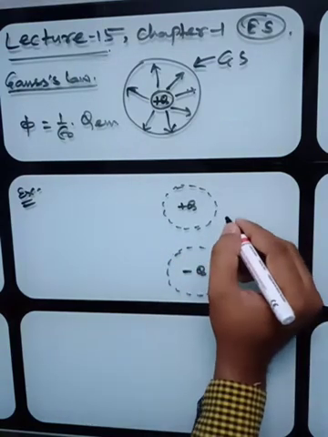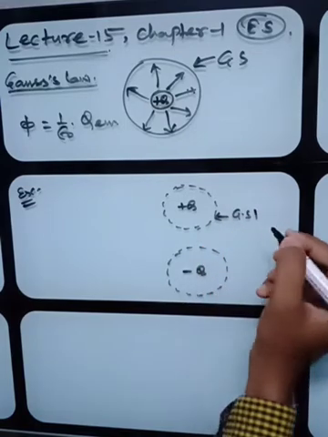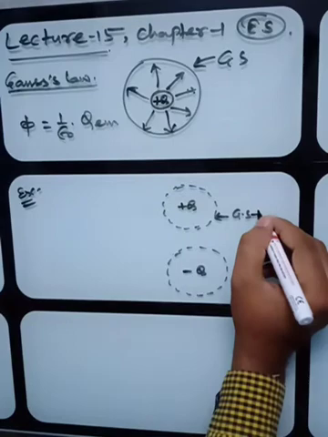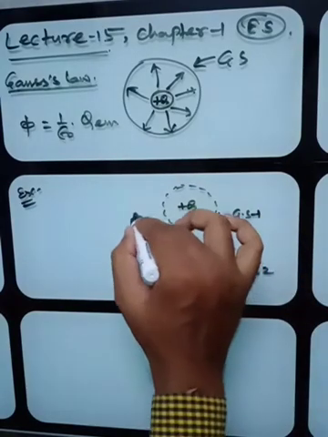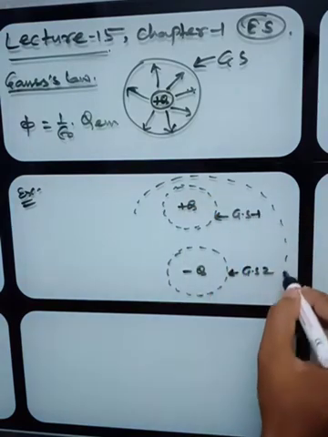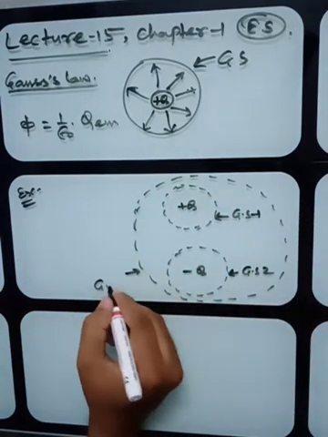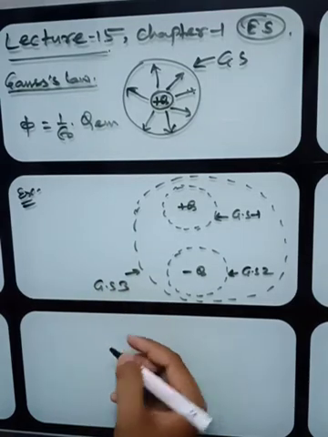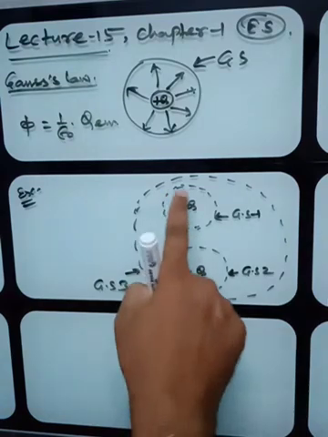So, Gaussian surface 1, Gaussian surface 2, and another Gaussian surface is this one, Gaussian surface 3. Gaussian surface 3 encloses the system of these two charges, like a dipole.